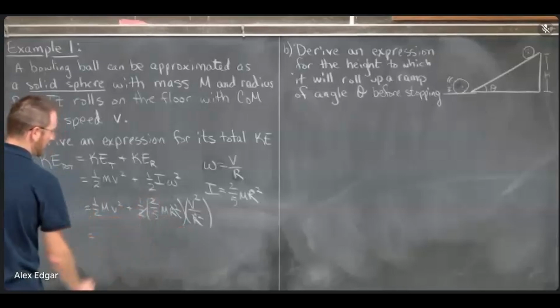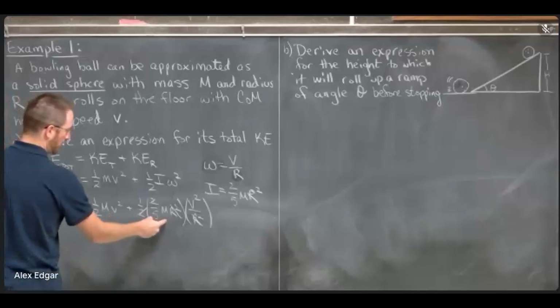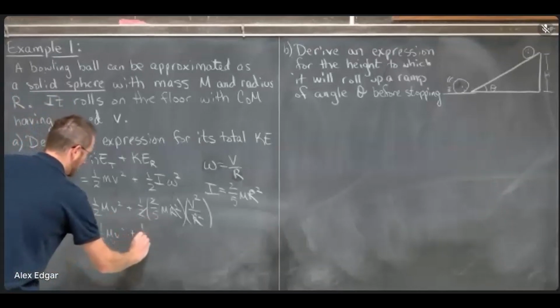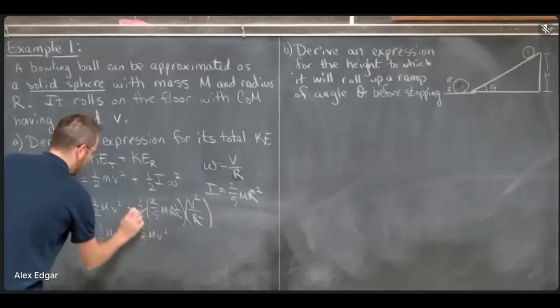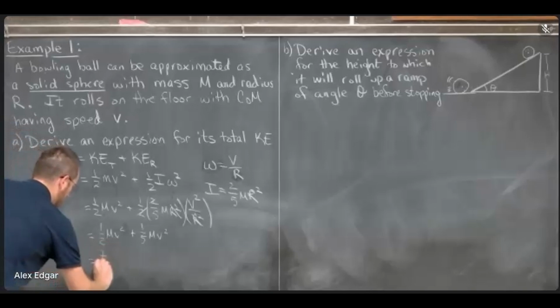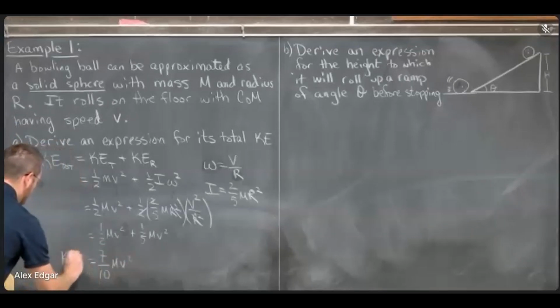And we can cancel that 2 and that 2. So we will have 1/2 mv squared plus 1/5 mv squared. 1/2 is the same thing as 5/10. 1/5 is the same thing as 2/10. So this would be 7/10 mv squared.